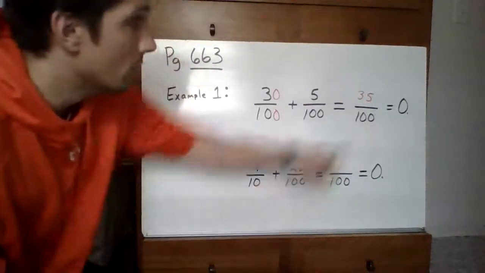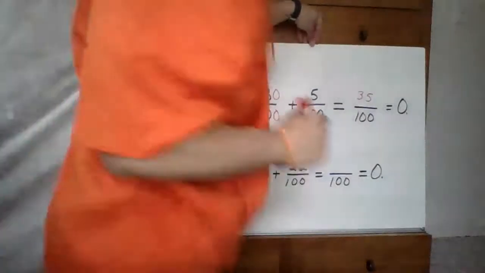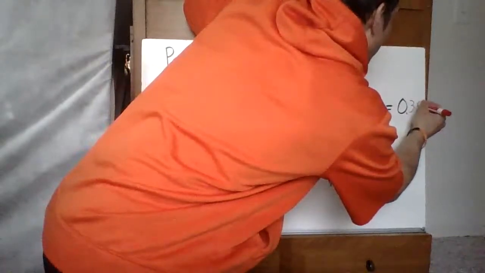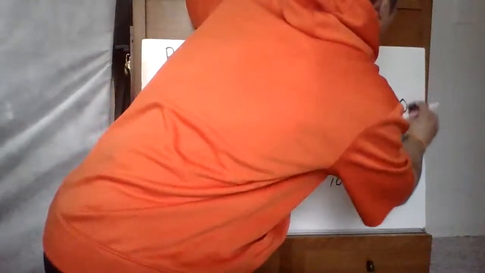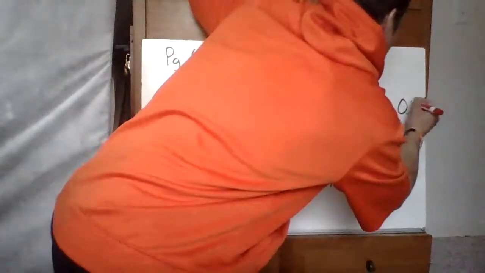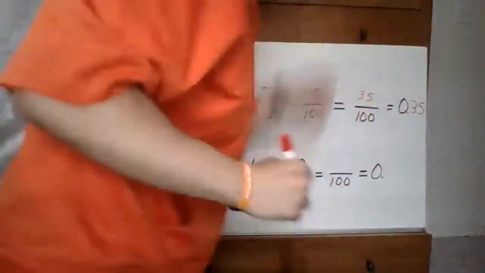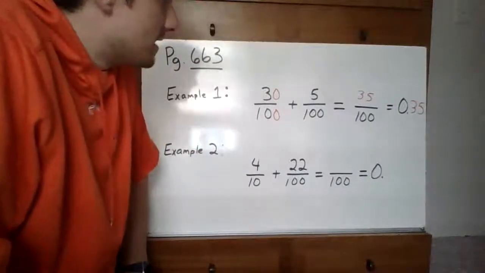So 35/100ths, if we write that in decimal form, it would be 0.35. I'm going to write that a little more clearly. Sorry about that. All right, 0.35. Hopefully you can see that okay.